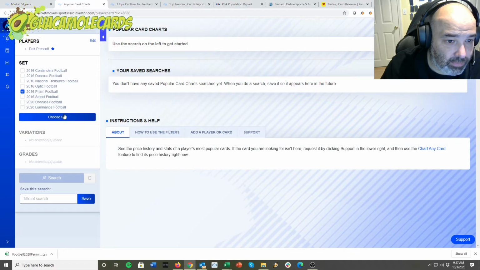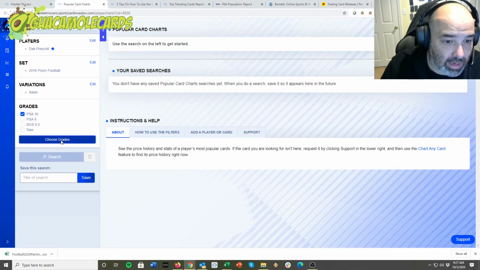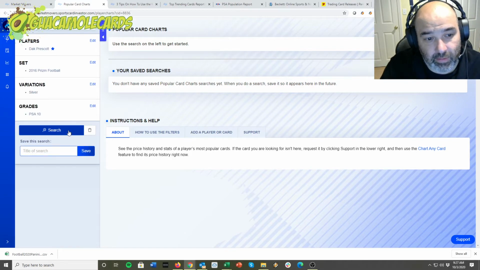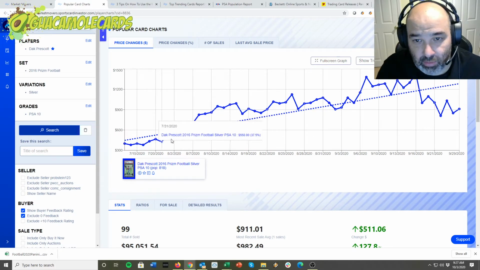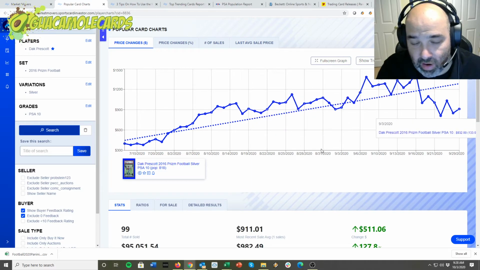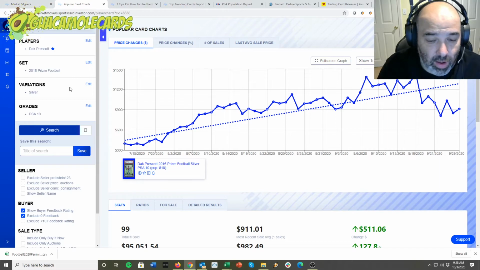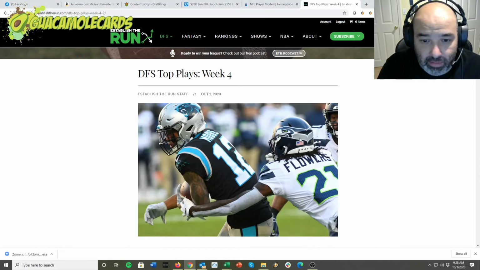Let's look at Prism Silver PSA 10. This is another way of seeing how the market value of this card changes over time. I'll link Sports Card Investor, this tool, in the description, and you can decide for yourself if it's something you'd want to invest in. I highly recommend it.